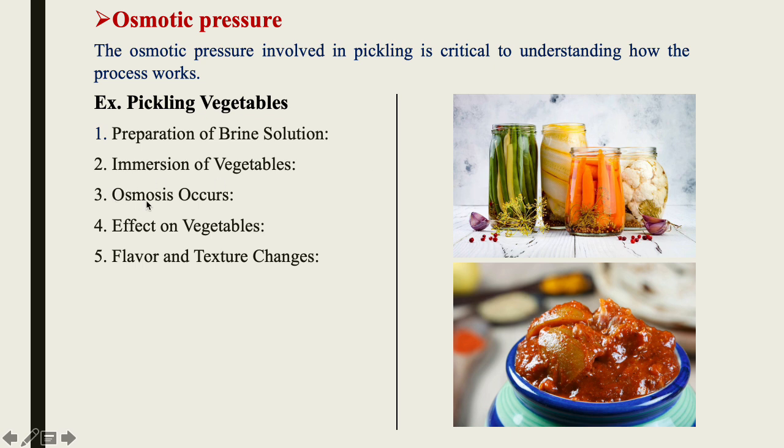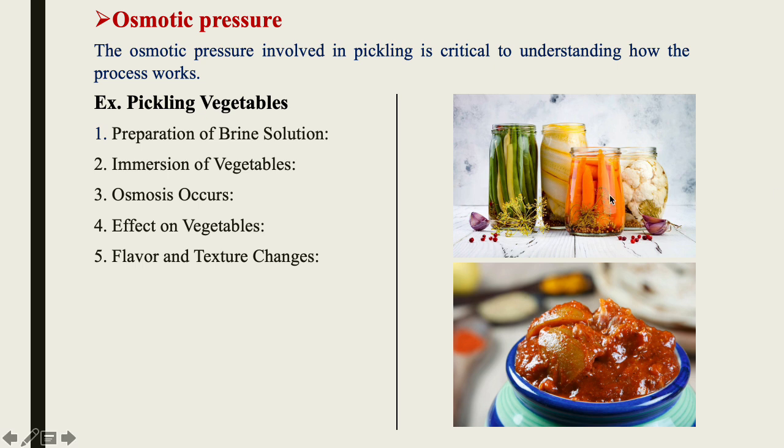The third point in the process is how osmosis occurs. The vegetable cells have a lower concentration of solute compared to the brine. So the vegetable also has some osmotic pressure inside, with a lower concentration of solute, and outside is higher. We know that the solvent flows from lower to higher concentration. So according to the principle of osmosis, water inside the vegetable cells moves out into the brine solution.